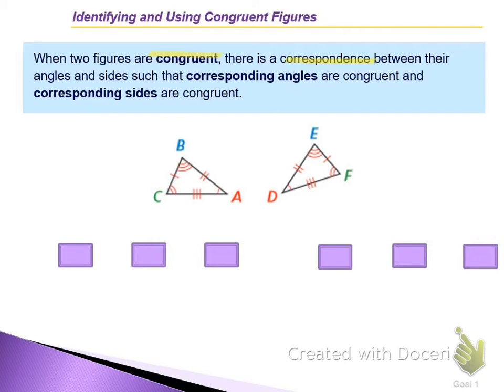So when two figures are congruent, there is a correspondence between their angles and sides such that corresponding angles are congruent and corresponding sides are congruent.